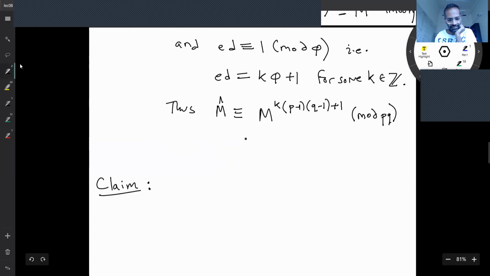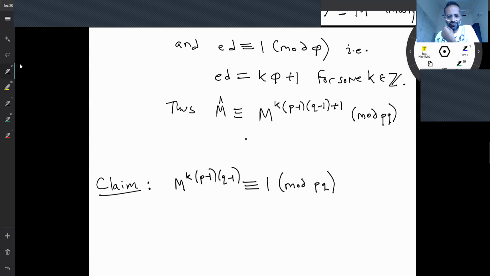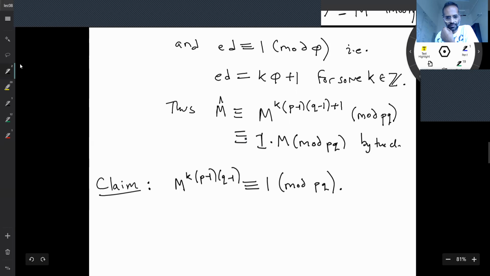So the claim is that m to the k times p minus 1 times q minus 1 is congruent to 1 modulo pq. And if we can prove that claim, we'll be done, because this is now just going to be congruent to 1 times m mod pq by the claim, as desired.